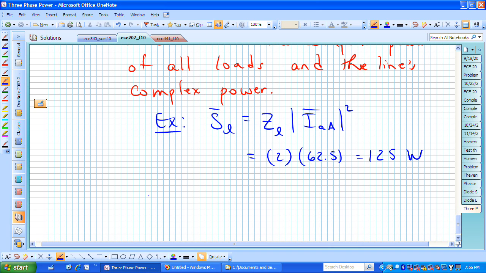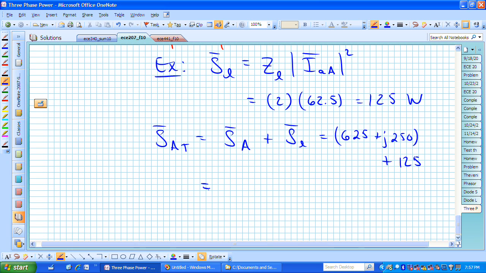So for the A phase, its total complex power is the load complex power plus the line's complex power, which was 625 plus j250, that was our load power, plus 125 for the line, so the total A phase power being delivered from the source is now 750 plus j250, or in polar form, 790.6 at an angle of 18.43 degrees.